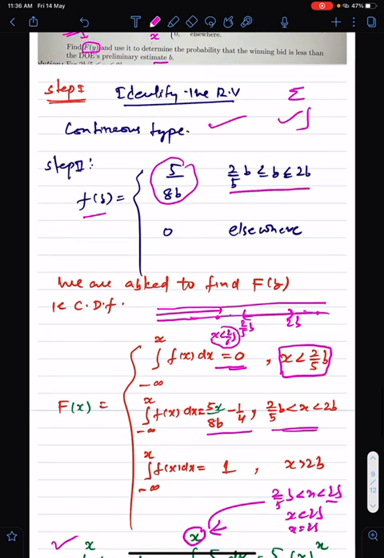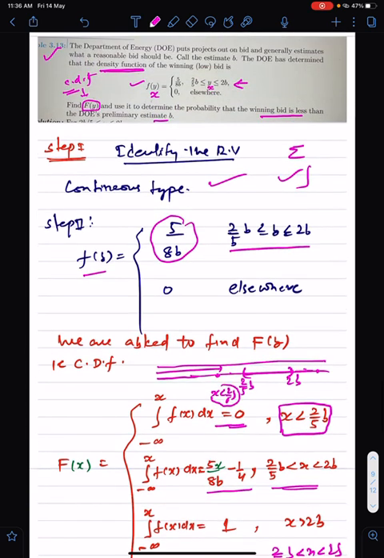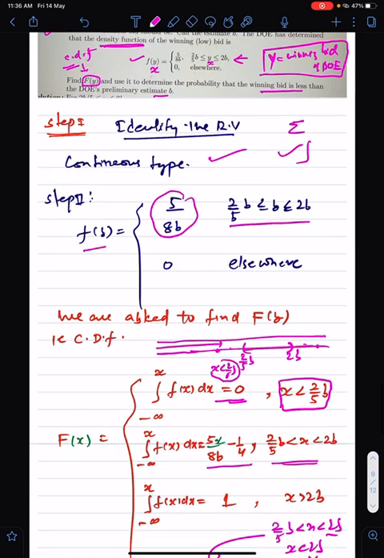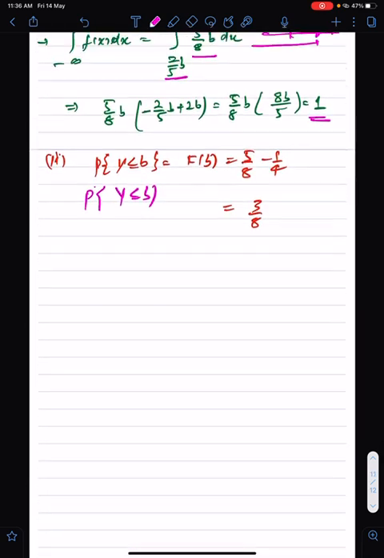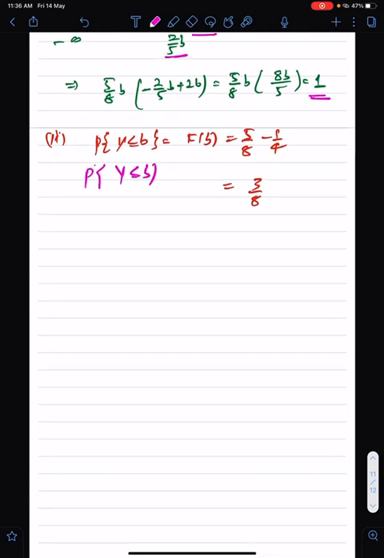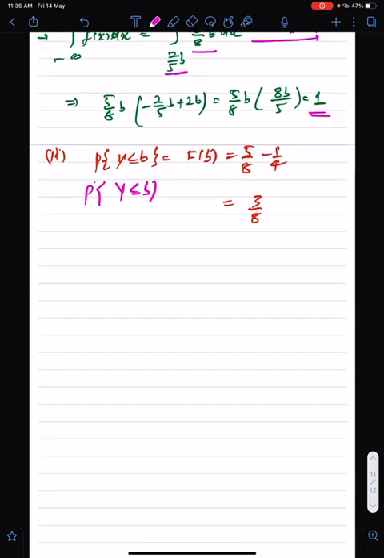You can define your y as the winning bid of DOE, which they have said is less than b. So the equation becomes y is less than b. As it's a continuous random variable, this equality doesn't matter much; whether you include it or not won't have much impact.